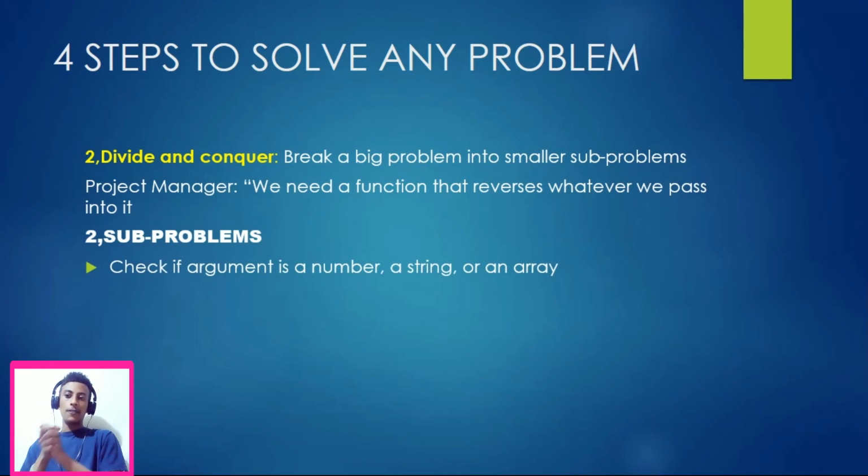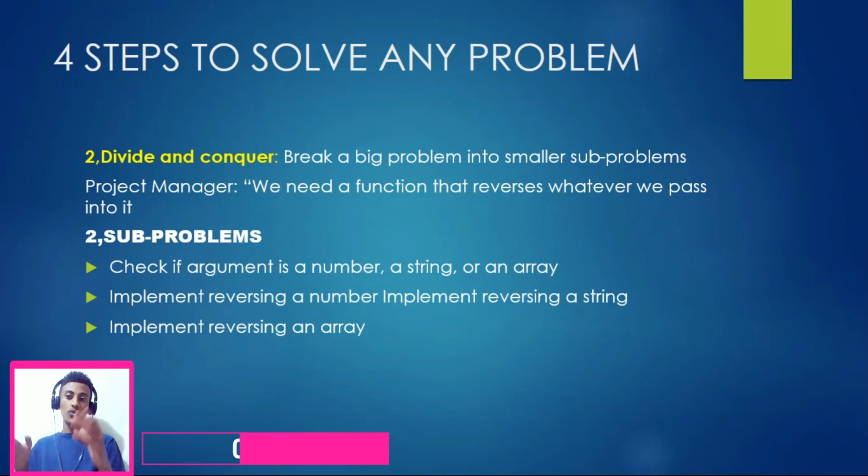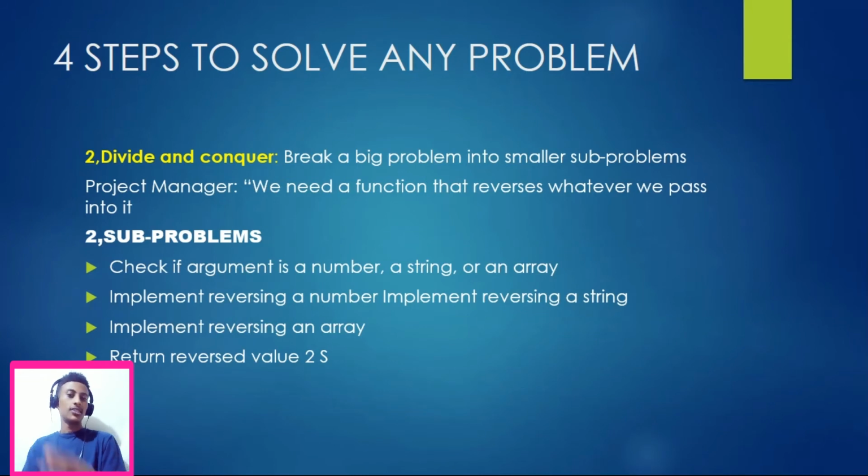So the divide and conquer solution may be checking whether the argument is a number, a string, or an array, implementing reversing a number, implementing reversing a string, implementing reversing an array, and returning the value. Each of these is a divide and conquer step.